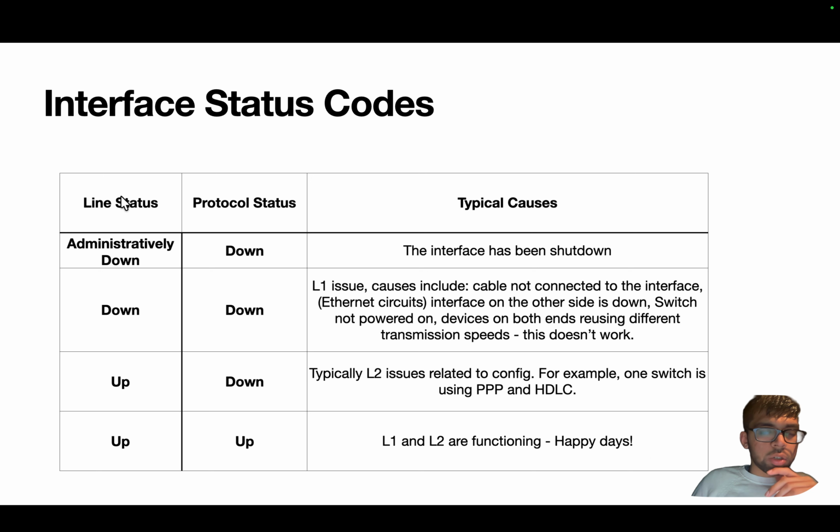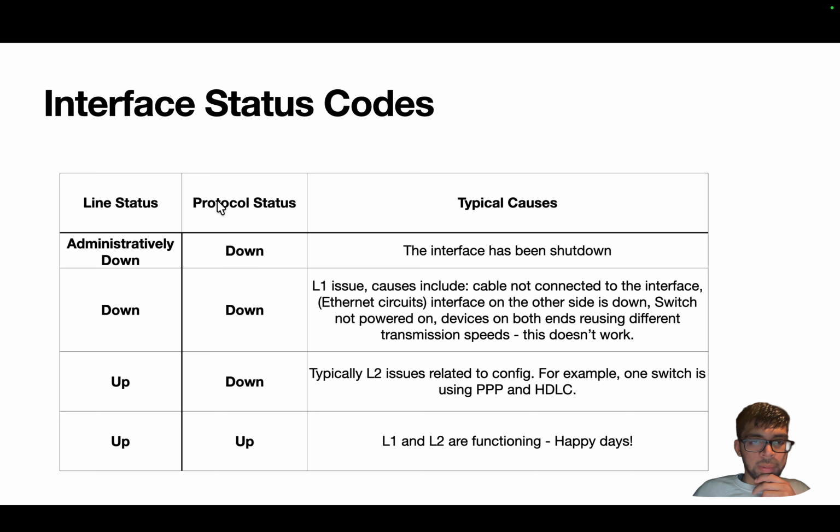One important thing to know is that the line status refers to layer 1, and this is normally an indicator of layer 1 issues. The protocol status is normally an indicator of your layer 2 status.